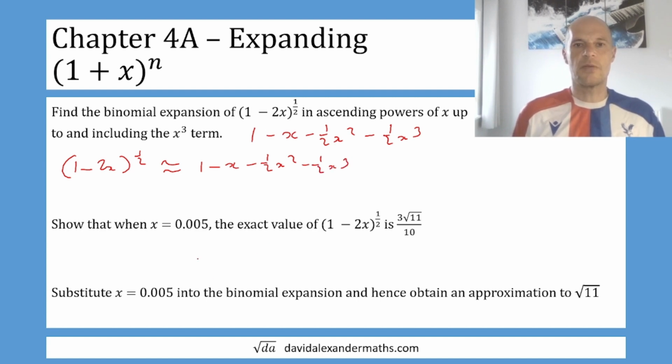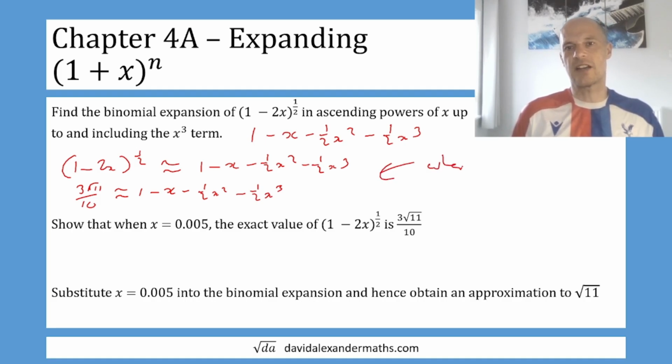And we know that when x is 0.005, if I'm substituting 0.005 into either of these, we should get more or less the same thing. And we're saying that it was 3 root 11 over 10. So 3 root 11 over 10 is approximately 1 minus x minus 1/2 x squared minus 1/2 x cubed, only when x is 0.005.